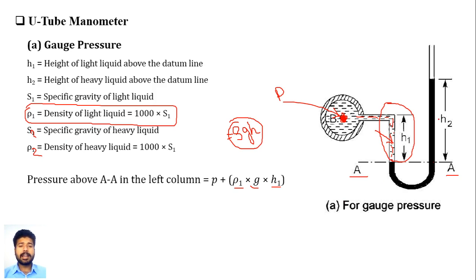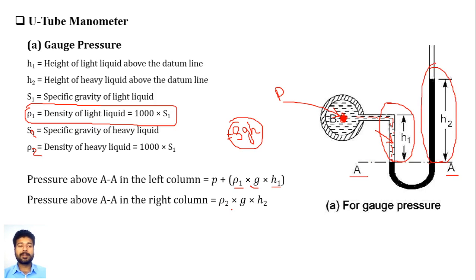Likewise, the second component, for the right limb, the pressure above the datum line AA is again rho g h. The value of rho here is for the heavy liquid, rho 2, with g and h2, the height in the right limb.